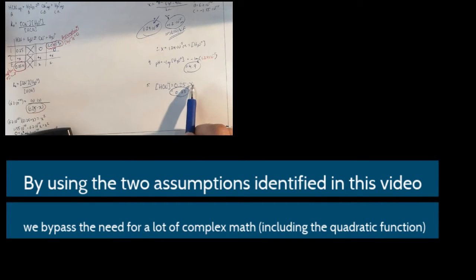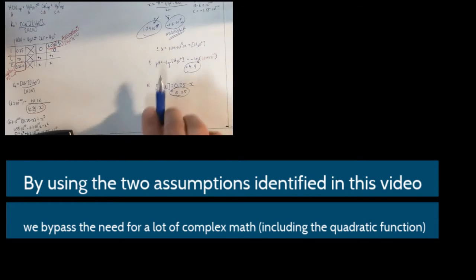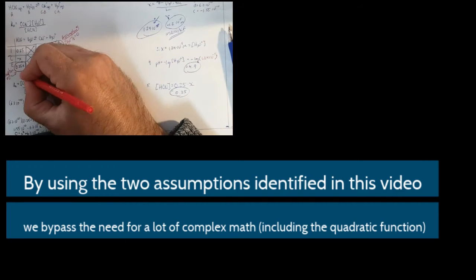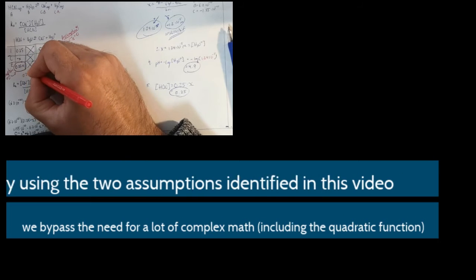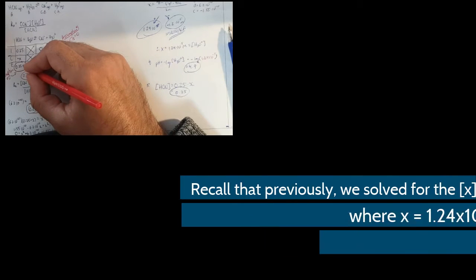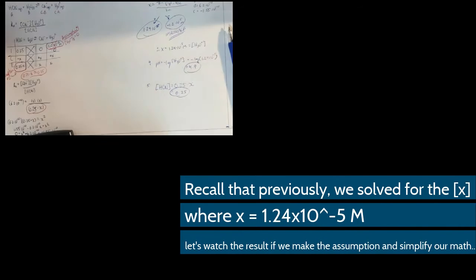So in weak acids, x is so small that we can make another assumption here. And this assumption is that your 0.25 minus x in this scenario is roughly equal to 0.25. Our x is going to have an insignificant impact on the change in concentration of our molecular acid.